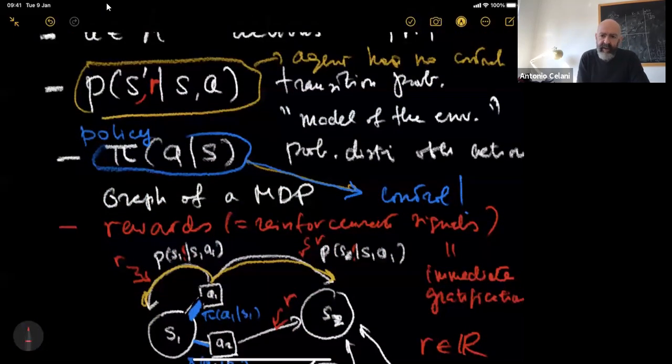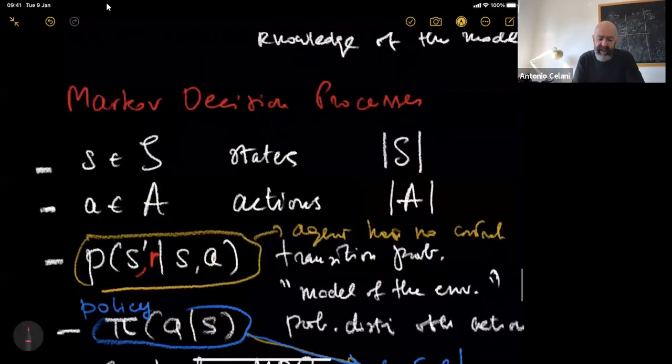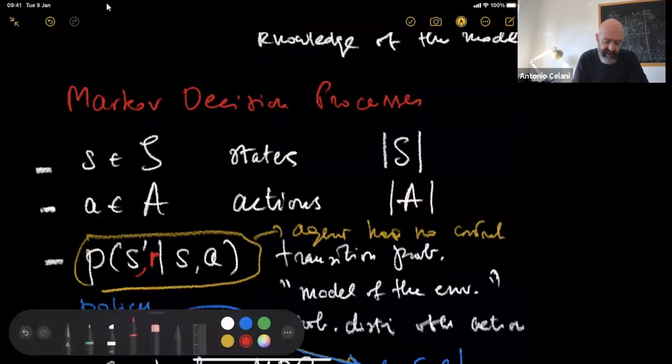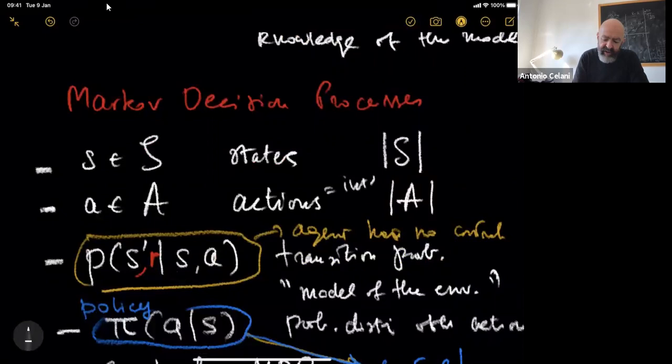Okay, so actions, it's important to realize that actions have to be interpreted as intentions. This is what the agent wants to do, but S prime is the actual outcome.